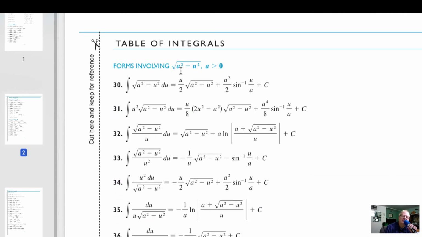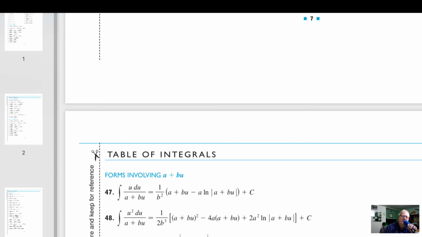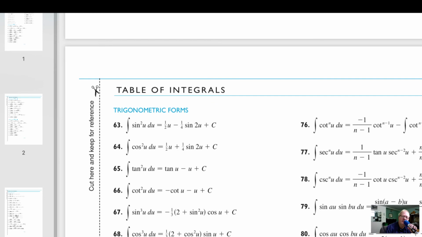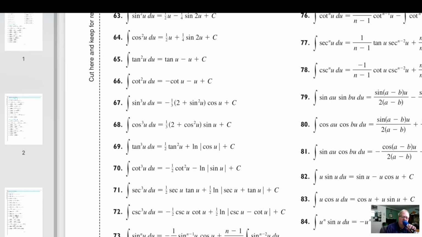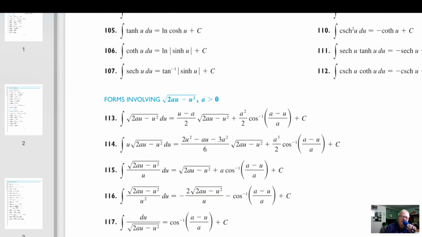Here are those ones which involve a root of a square minus u square. Here is the opposite, u square minus a square. Here is terms of the form a plus bu, etc., right? And then here come lots of trig functions, cotan to the power of 3. Wonderful formulas.